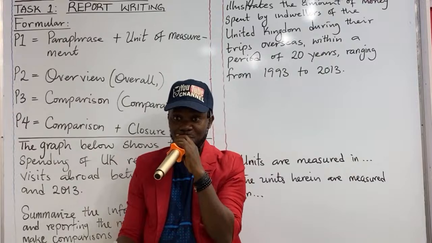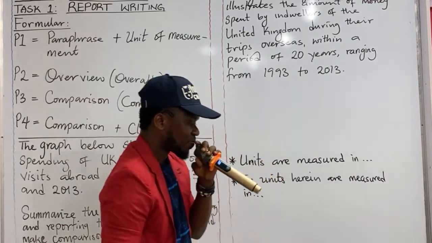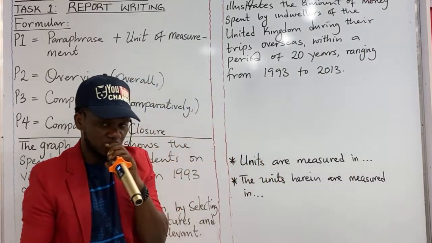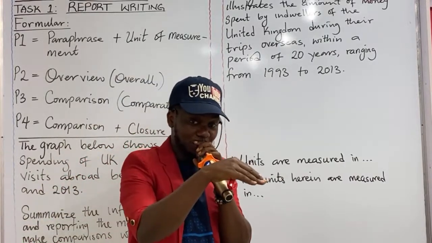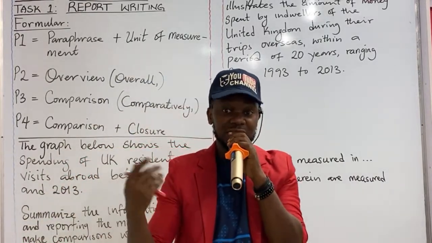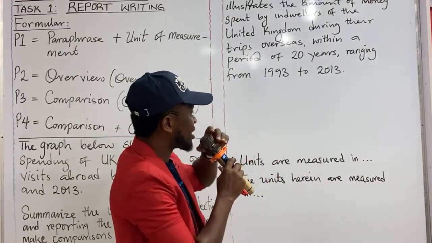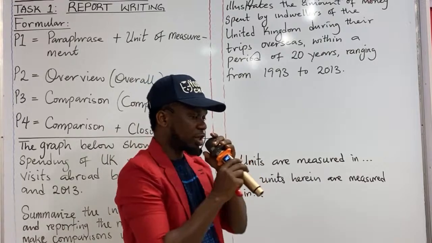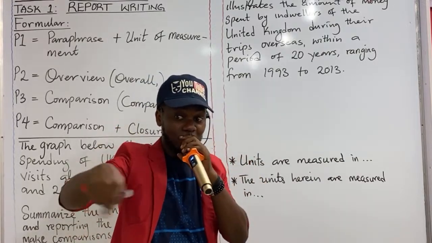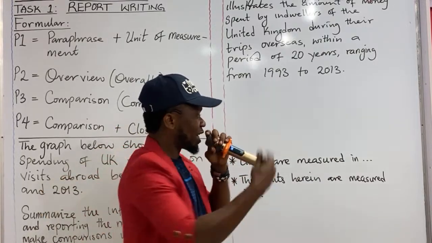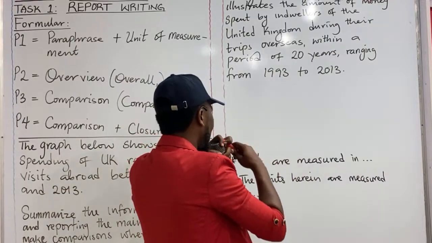Do you understand? So in your paragraph 1, the first thing is to paraphrase the question, which is you copying the question onto your answer sheet in a rephrased manner, right? So after that, you choose any of these templates to launch the unit of measurement, which you must have spotted on your question. So let's include that right here. Which should we use?